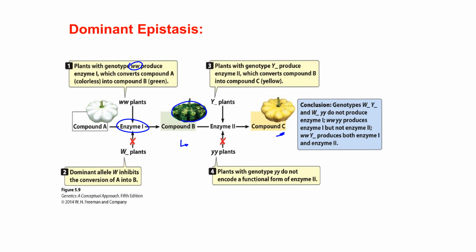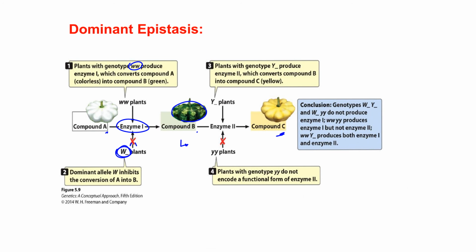So if there is homozygous recessive ww, there is no inhibitor, enzyme 1 is active and converts compound A into compound B. However, if there is at least one dominant allele in W, so now there is an inhibitor which would inhibit the activity of enzyme 1, there would be no conversion of compound A into compound B, so all squash will be white. So every plant which has at least one dominant allele W will be white.